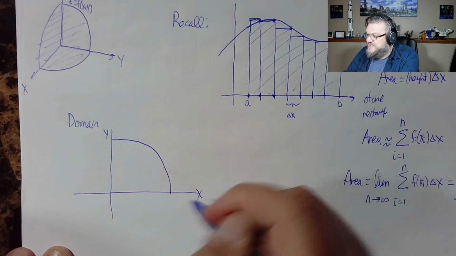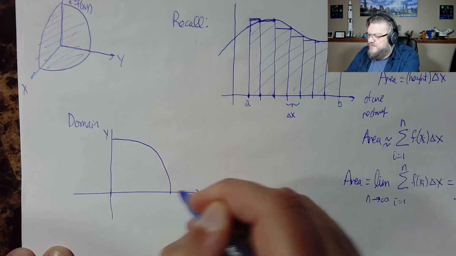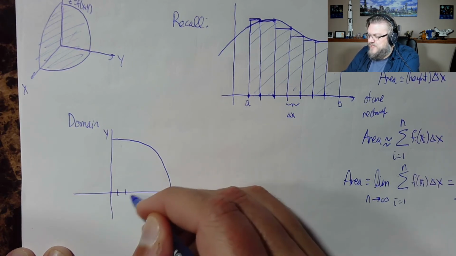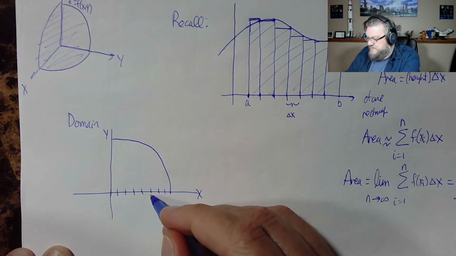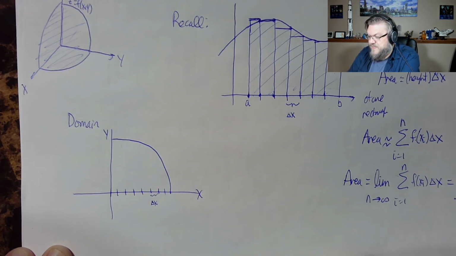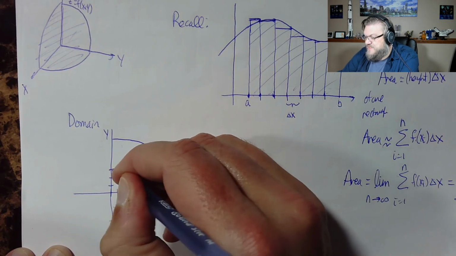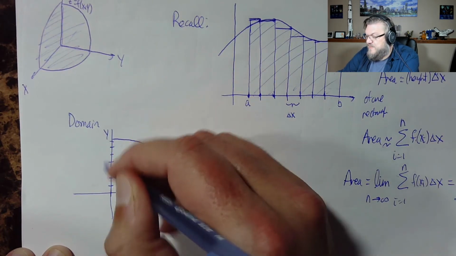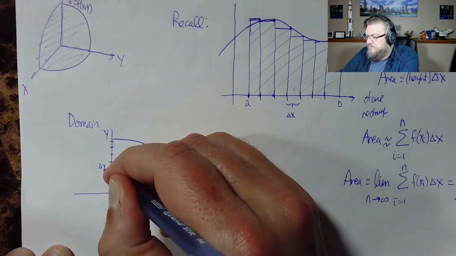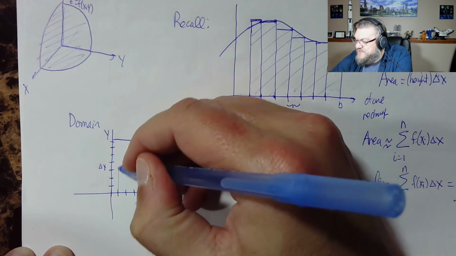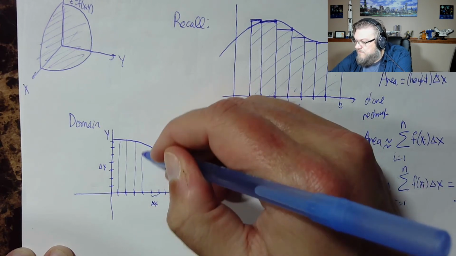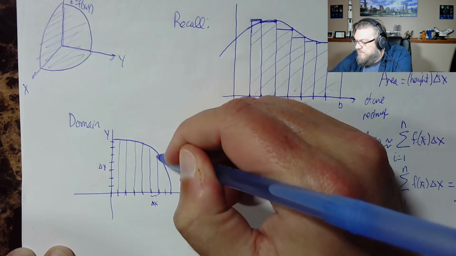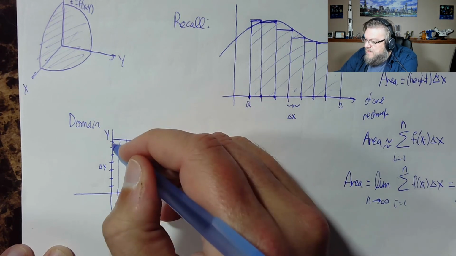I'll take the x interval and chop it up into equal width pieces, and this will be some delta x. And I'll take this and chop it into equal width pieces, and we'll call this delta y. So we actually make a little grid.